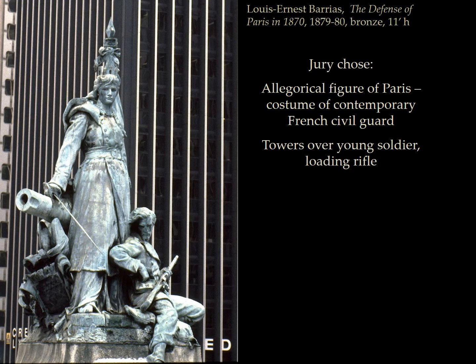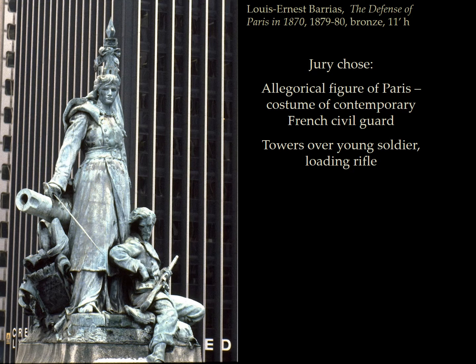Now, this is an allegorical figure not of liberty or defense, but instead of Paris itself. Cities are often shown allegorically, as we've discussed, as women, often with a turret on their head here. So here we have a costume of a contemporary French civil guard and the soldier. So the city towers above, much larger than the man who she is encouraging to defend her.